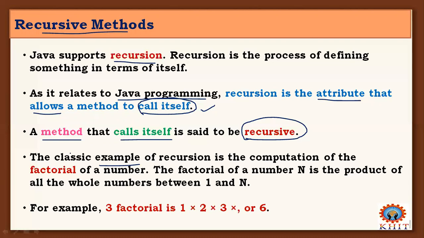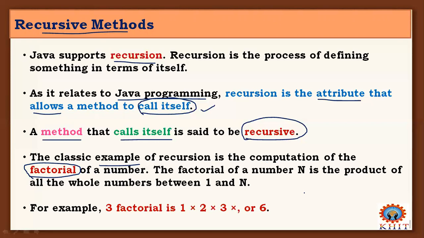The example of recursion is computation of the factorial of a given number. We can design a program for solving this problem, finding the factorial of a given number.